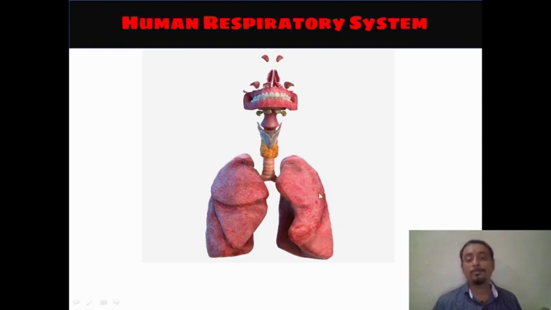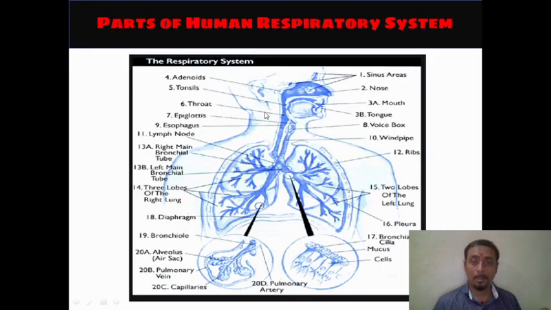There are two lungs in this respiratory system, the right lung and the left lung. The right lung is three-lobed and the left lung is two-lobed or bilobed. Let's see in detail. The respiratory system diagram shown here is labeled, and the first part shown here is the sinuses.